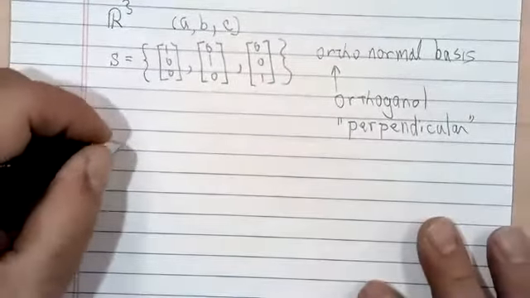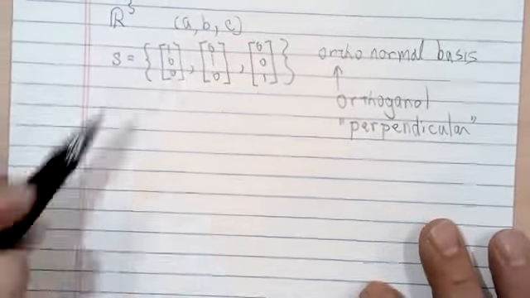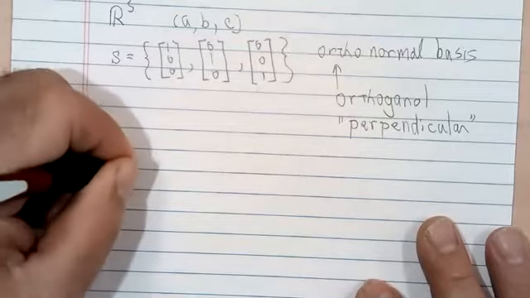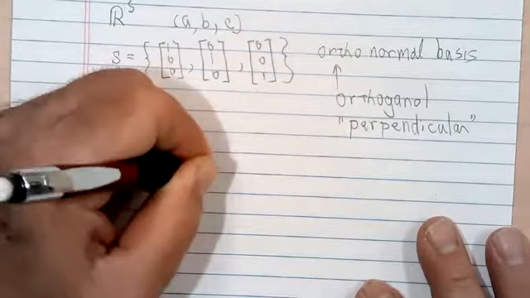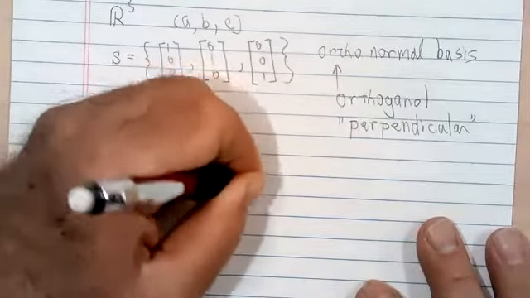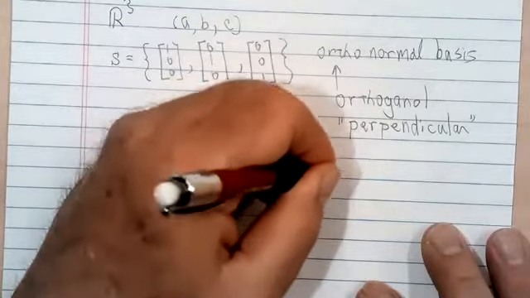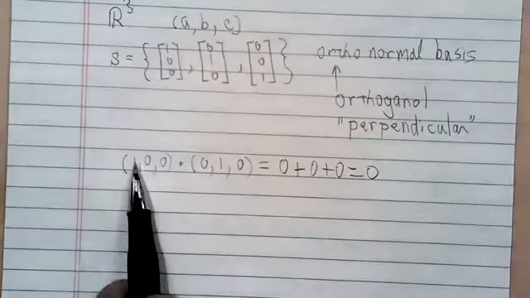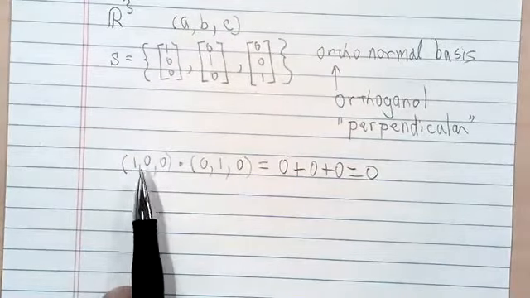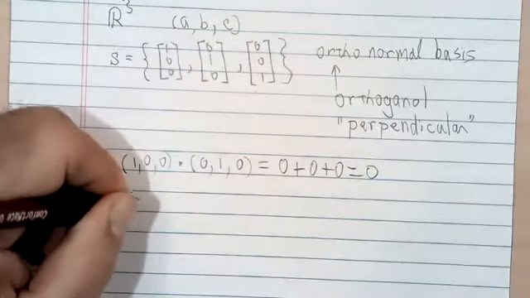Now, if I take any two vectors in this basis, and this is not going to be astounding to you, but nevertheless, it is true that if I take any two of these and compute their dot product, I always get 0, unless I take the dot product of one of these vectors with itself. And in that case, the same thing always happens.